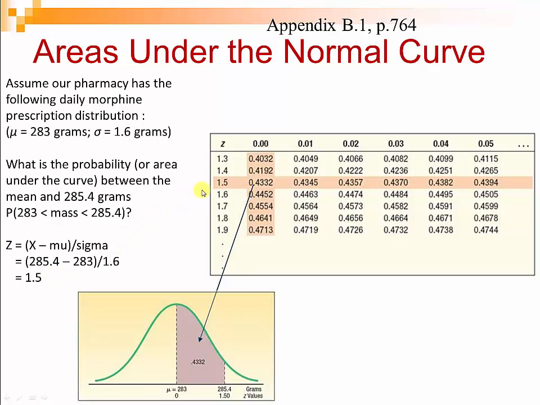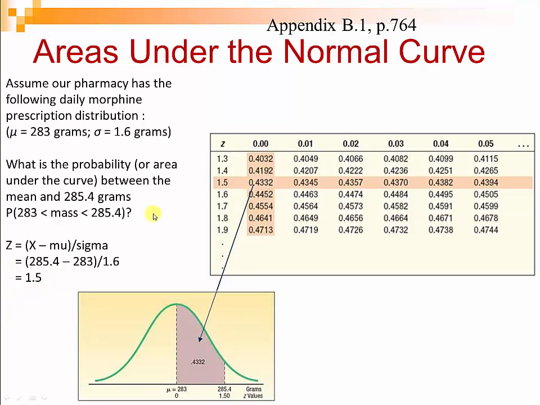We can go into our appendix in the back of the book, and you open your books to page 764, go down the column of the table headed by the letter Z to 1.5, right here. Then move horizontally to the right and read the probability under the column headed 0.